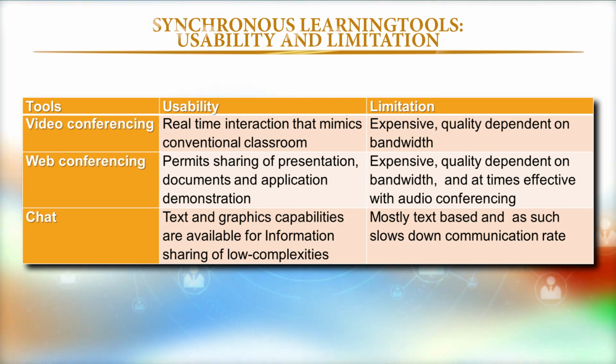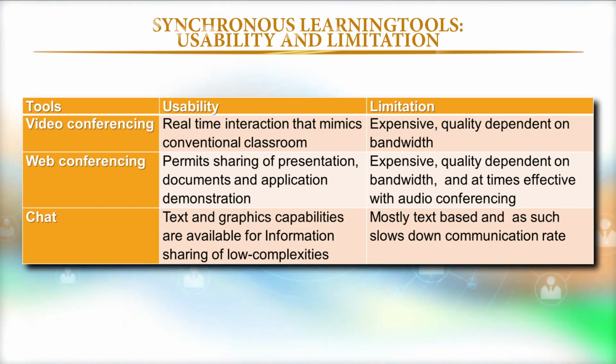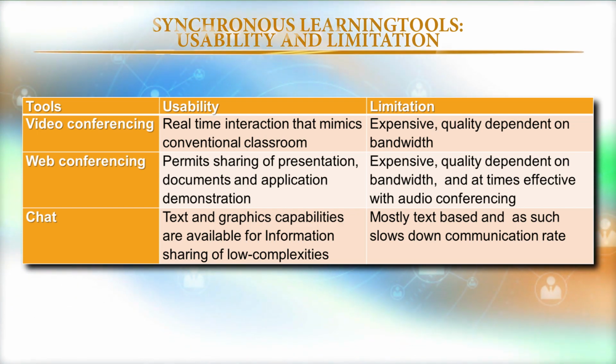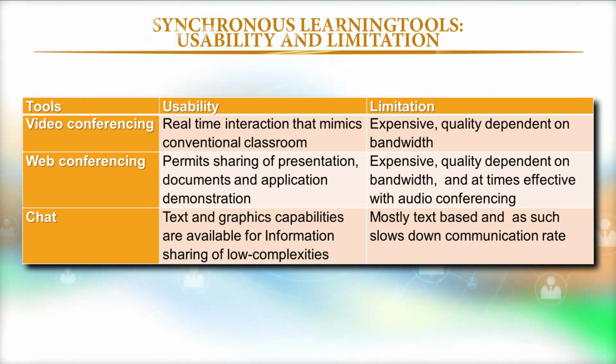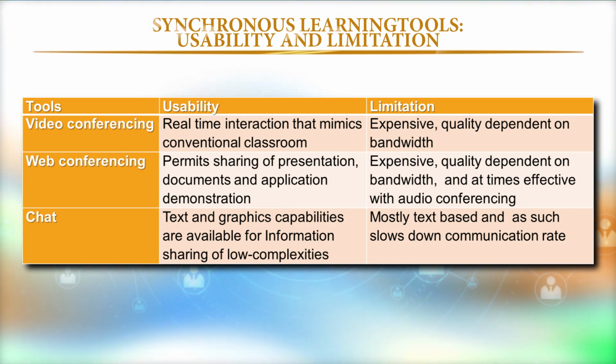If your typing speed is low, then the other end has to wait for your messages. So the limitation is that it is mostly text based, and this is a very slow process because the communication rate slows down because of typing speed and transferring the text.